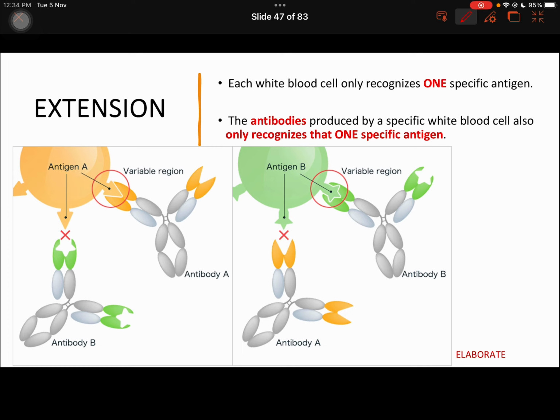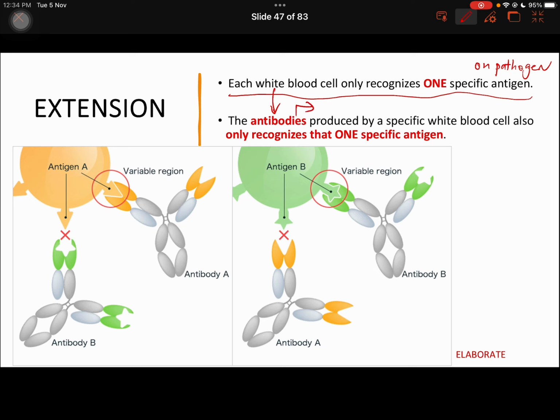Just like what was understood in the video and the table that I showed you, why do we receive so many vaccines since we were born? Why can't there just be one vaccine that protects us from all bacteria and all viruses? This is the reason why. Every white blood cell can only recognize one antigen on a pathogen, and this white blood cell will only produce antibodies that recognize one pathogen as well.